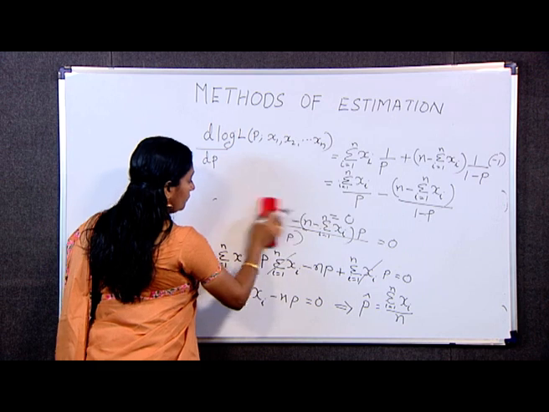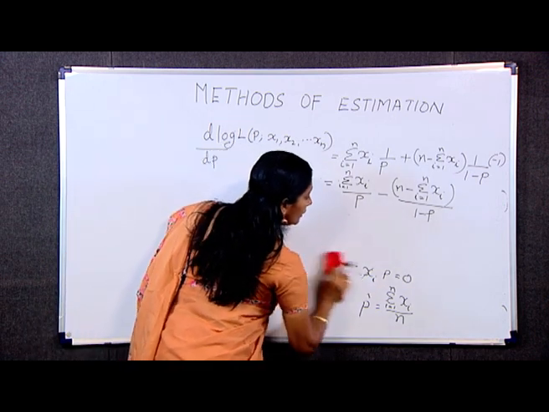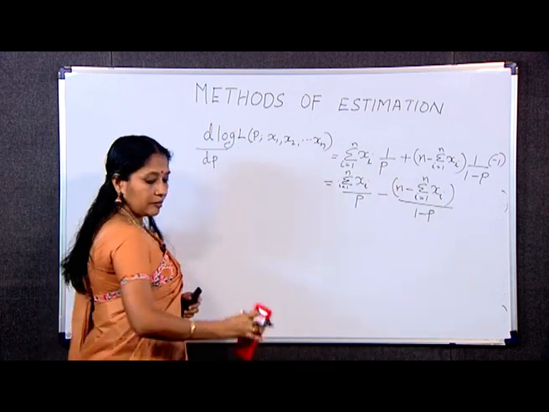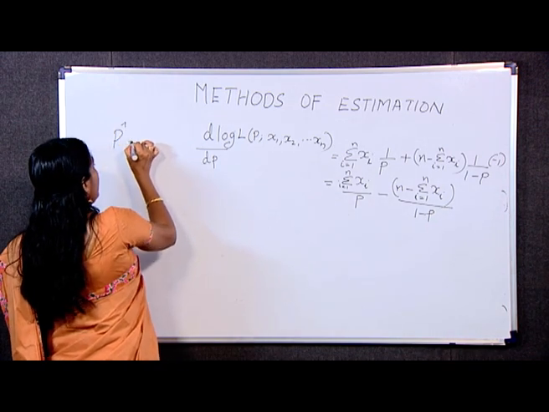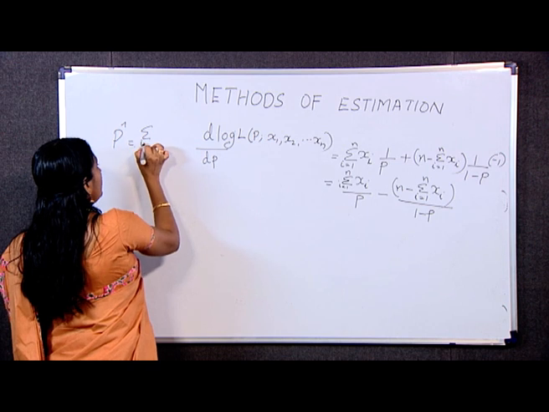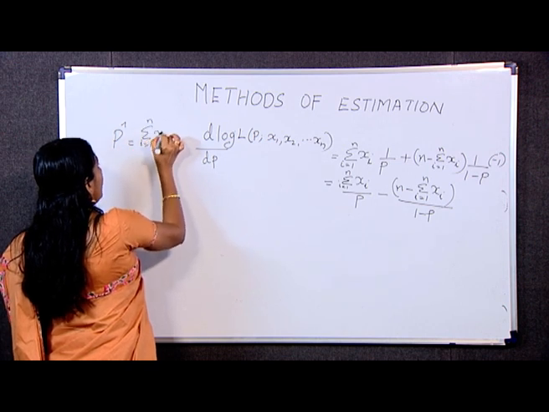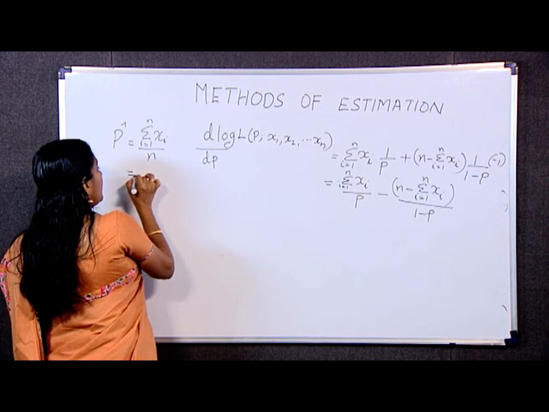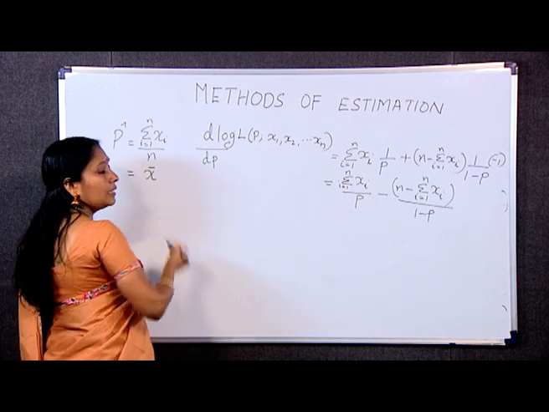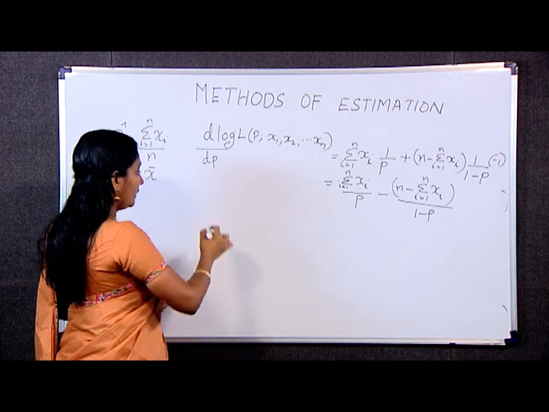So, we got p hat is equal to summation i = 1 to n xi divided by n, or we can write it as x bar, our sample mean.